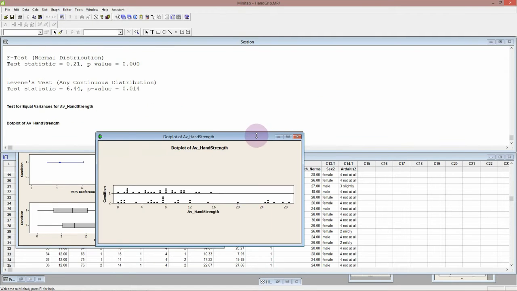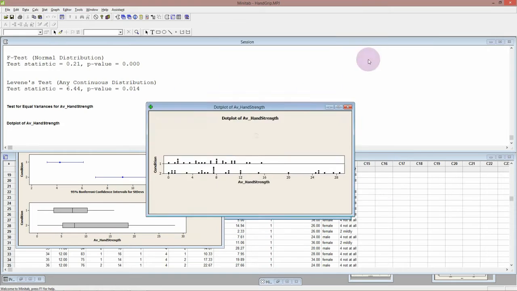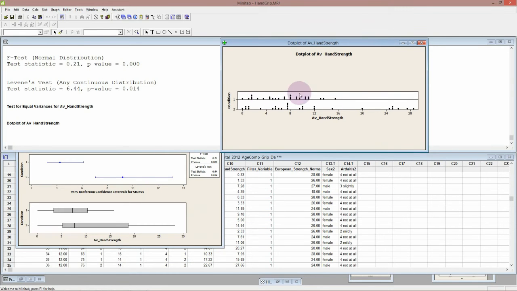Okay. So you can see here that the hand grip strength for condition 1 is all grouped between 0 and 16, whereas under condition 2 it goes from 0 all the way up to about 28, 30. So we've got a lot more variation under condition 2.